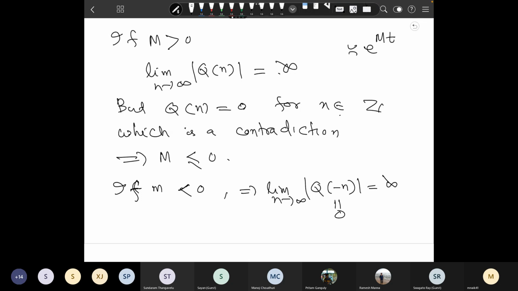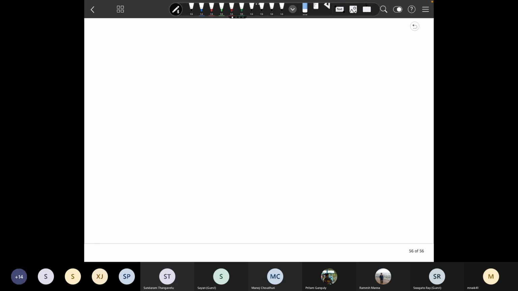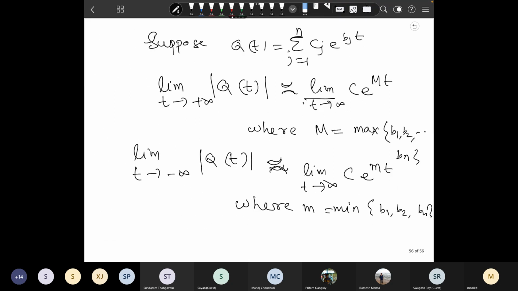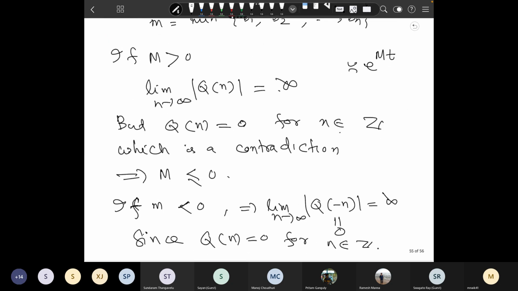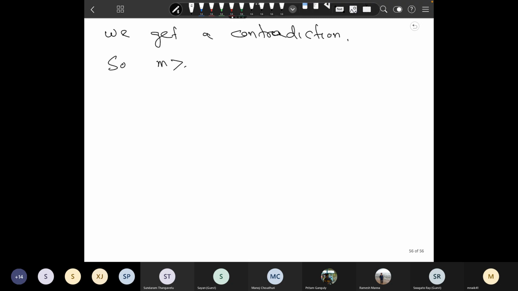So that will give a contradiction, since Q(n) is equal to 0, n belongs to Z. So m less than 0 is not possible, so m is greater than or equal to 0.